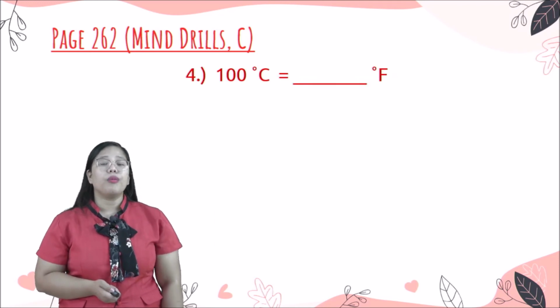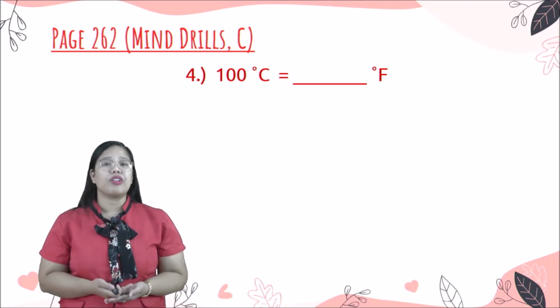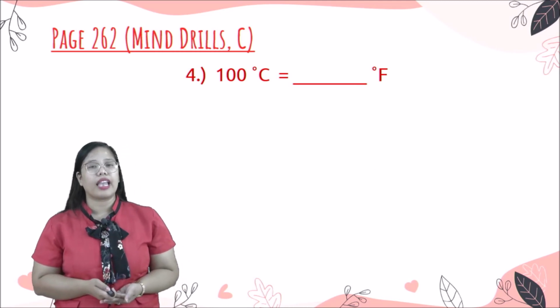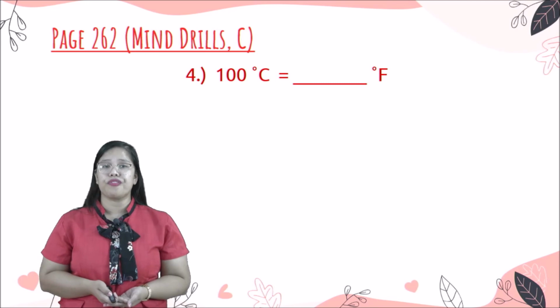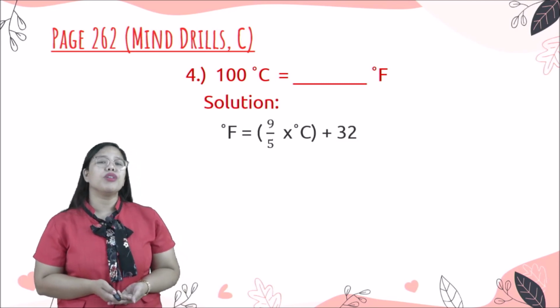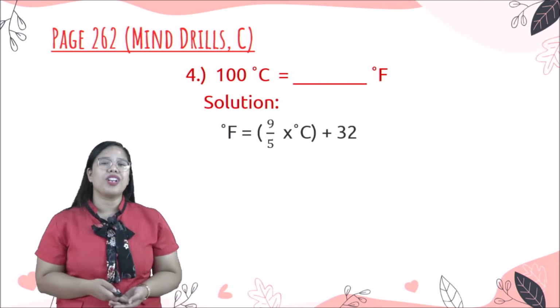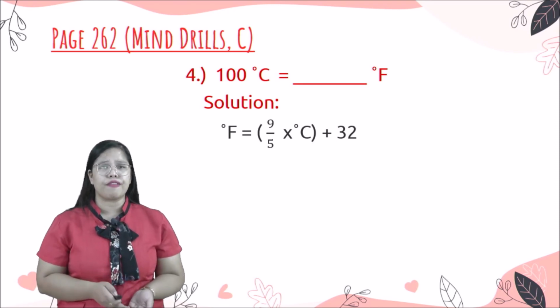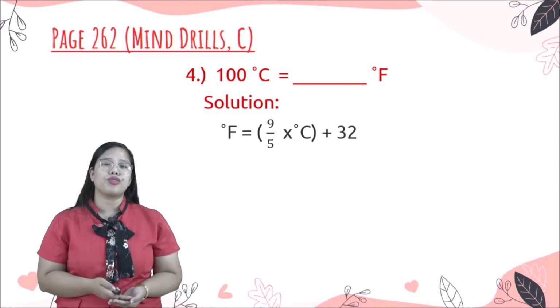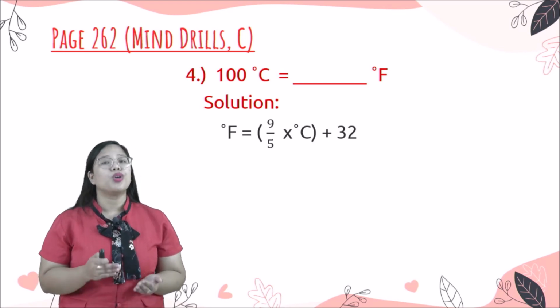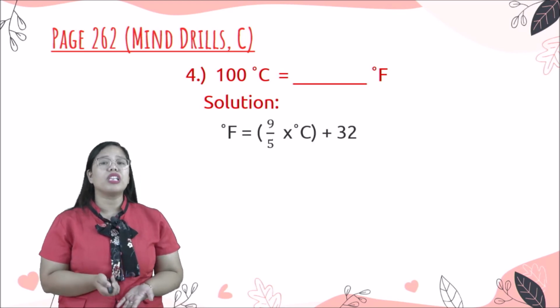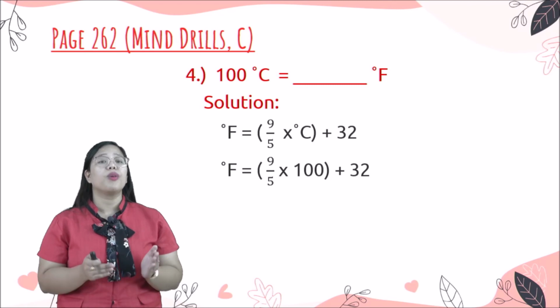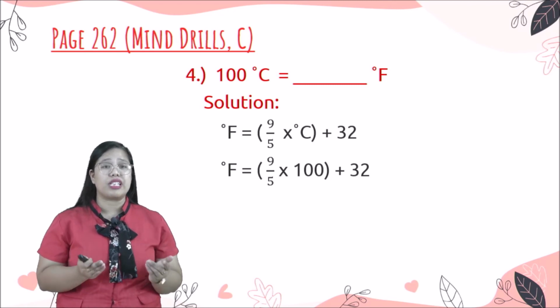Next number, we have 100 degrees Celsius to Fahrenheit. So, we will be using again the formula degrees Fahrenheit equals the quantity of 9/5 times degrees Celsius plus 32. So, we will substitute 100 for the degrees Celsius.